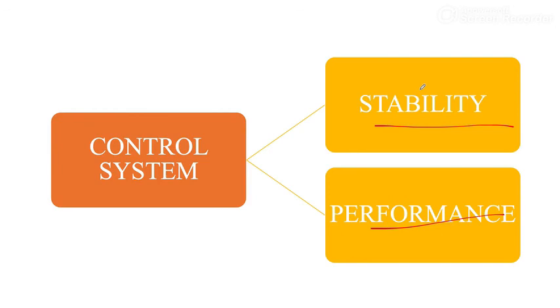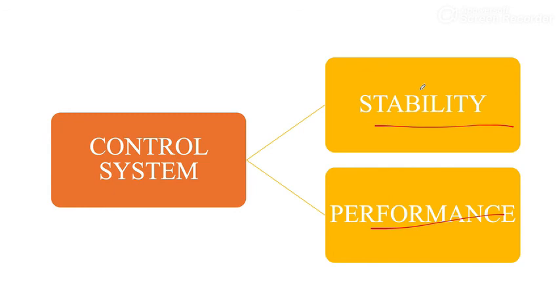Okay, so what is performance? Performance can essentially be visualized through how fast the system responds. For example, I am designing one steering system and someone else is designing another steering system for the same car. Let us say both of us give the same input to the steering wheel.